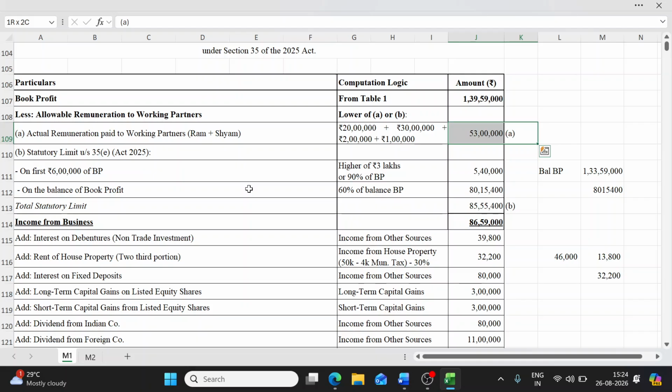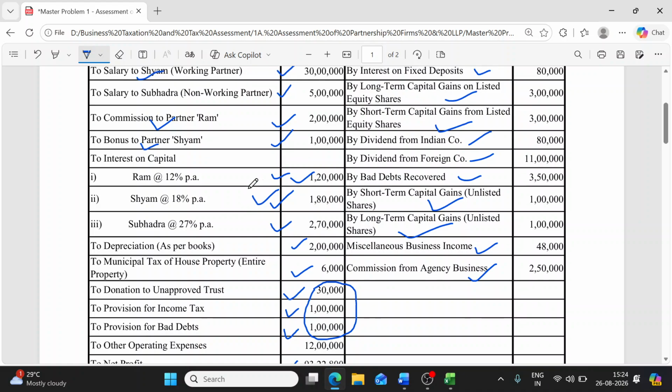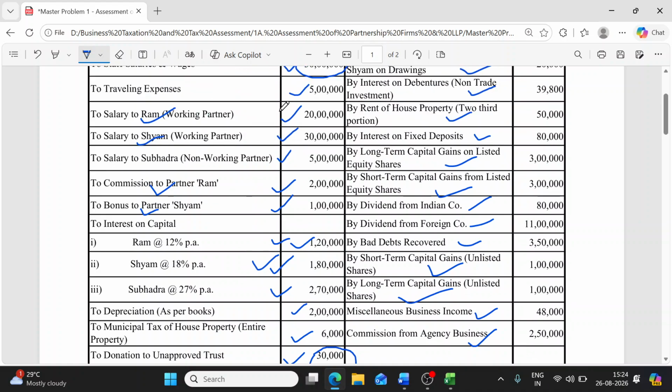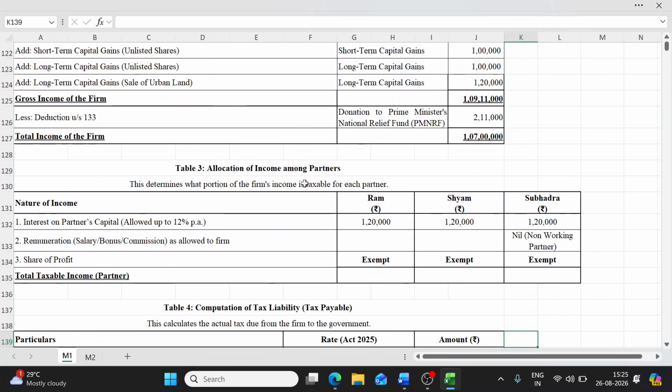Ram was paid, I think, 20 lakhs rupees salary and 2 lakhs rupees bonus or commission, I'll check just a minute. So Ram was given a salary of 20 lakhs, and he was also given a commission, so 2 lakhs. So 22 lakhs are taxable in the hands of the partner because the firm has claimed a 22 lakhs deduction. So 22 lakhs I'll show over here as a deduction.